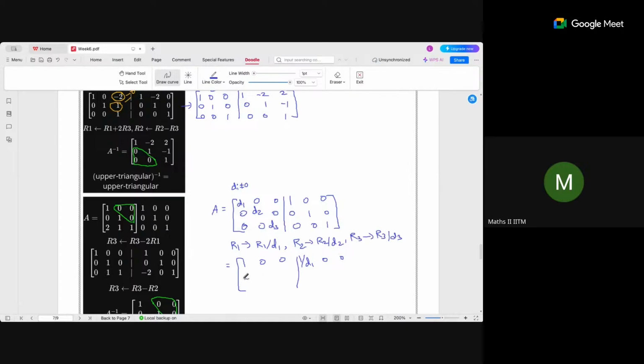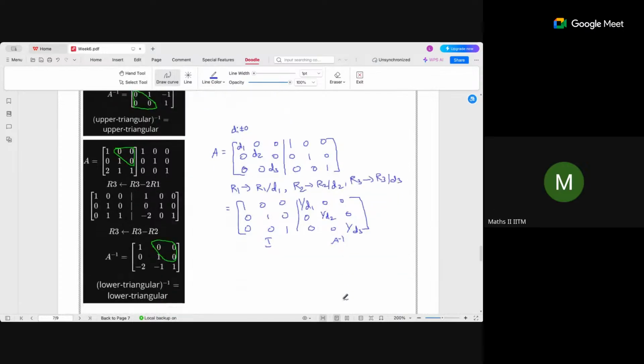These are the things we want: 0 1 0, 0 0 1, 0 1 by d2 0, 0 0 1 by d3. So for any diagonal matrix, what is the inverse? It is also a diagonal matrix, and the diagonal entries are simply the inverses of the diagonal entries here for non-zero entries. And if it is 0, it is going to remain 0. Okay, fine. All right.